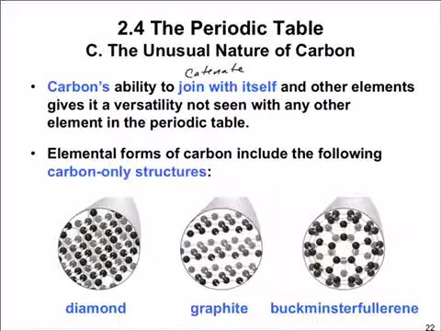Now, there are 3 versions of carbon-only structures. These are what we would call allotropes. Allotropes are different arrangements of atoms for an element. So the first one we have is diamond. We all know diamonds are very, very strong, very, very hard, and they're very, very compact.